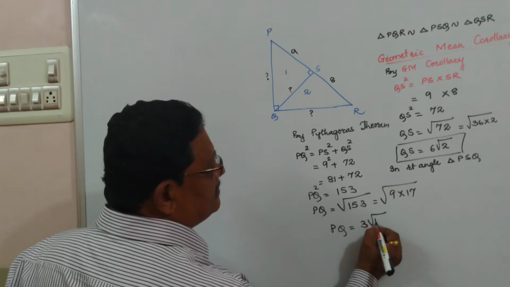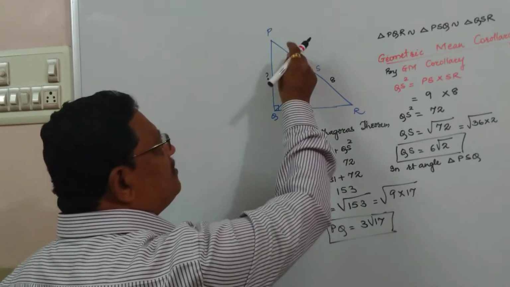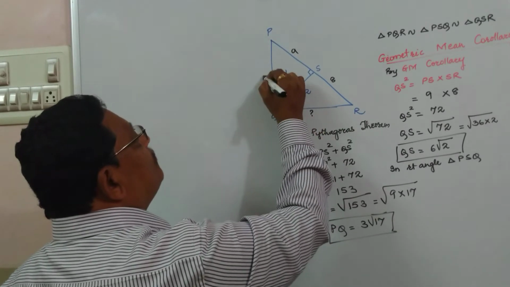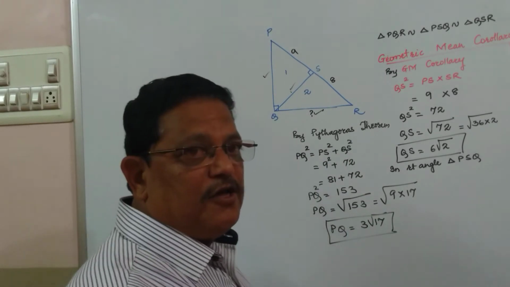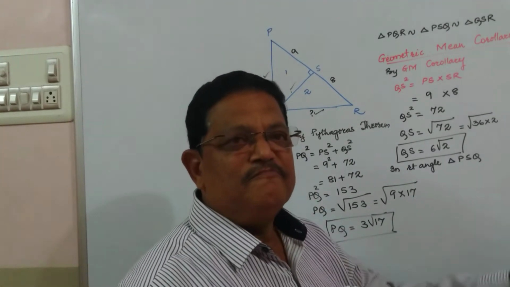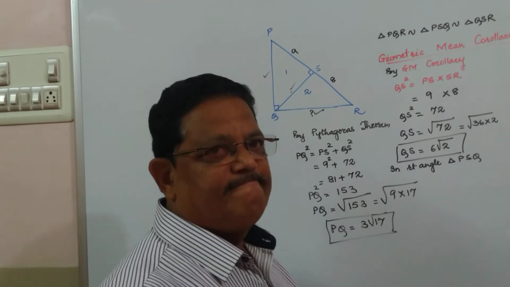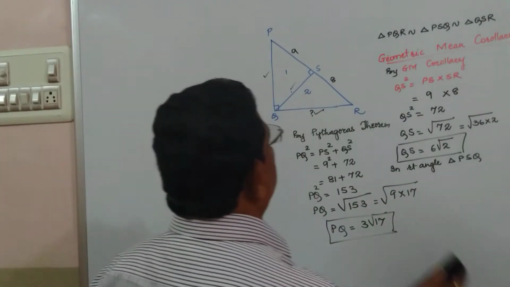So based on these two values, I have found QS, I have found PQ. I can also now find QR using the same method. Let us see how to find it.